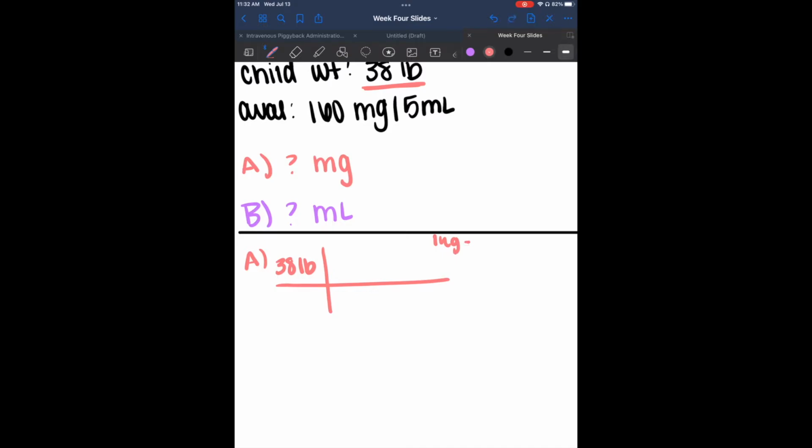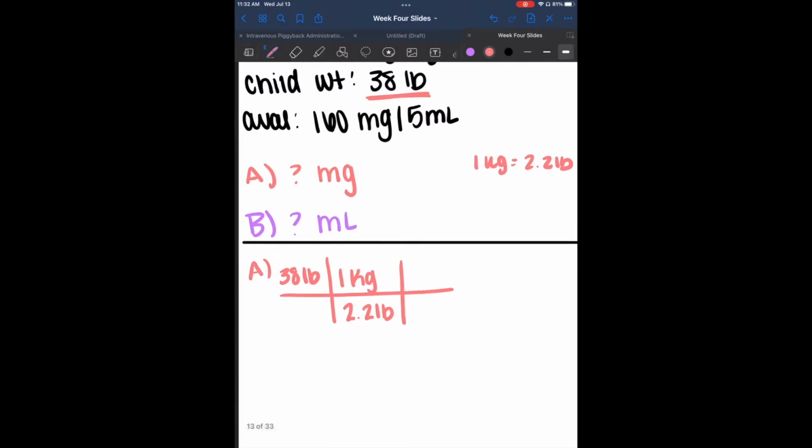And the reason we're doing this is because our weight is not given to us in kilograms. So we have 1 kilogram over 2.2 pounds. So remember, peds weight, actual patient weight first, then our conversion factor if we need it, and then we're going to put what our order is.